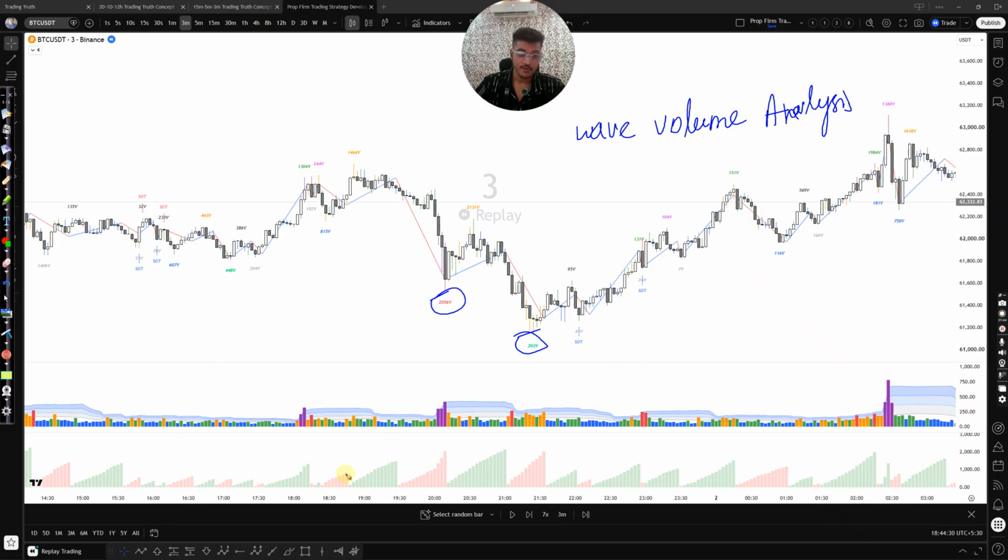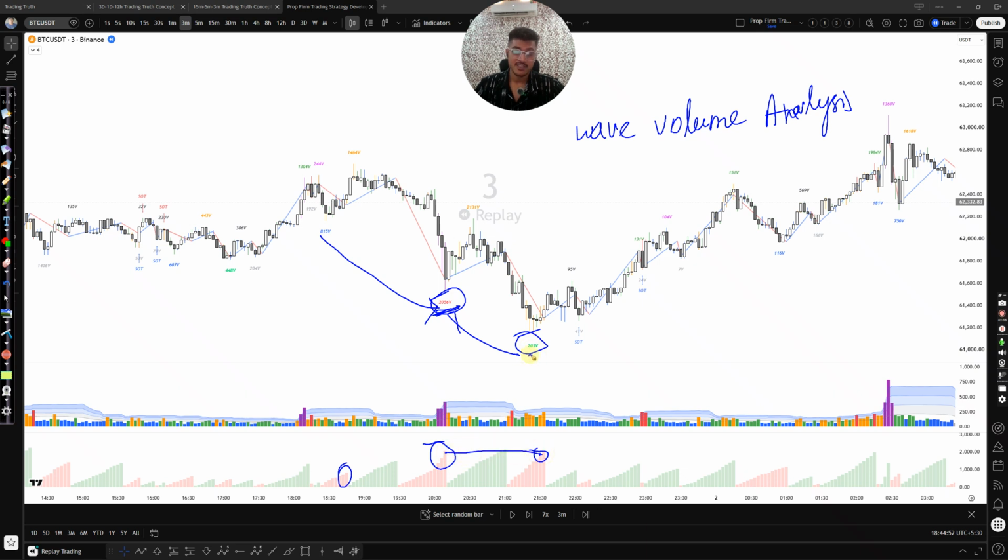For instance, we can see this down wave volume got increased from the previous one. So I have marked, okay, there's more effort, more result, which is selling volume. Now on the subsequent down wave, the volume got decreased a little bit.